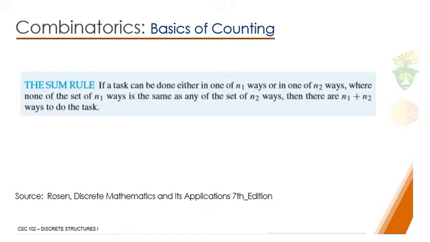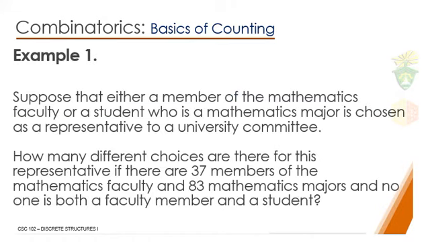So, let's have an example. Suppose that either a member of the mathematics faculty or a student who is a mathematics major is chosen as a representative to a university committee. How many different choices are there for this representative if there are 37 members of the mathematics faculty and 83 mathematics majors and no one is both a faculty member and a student?